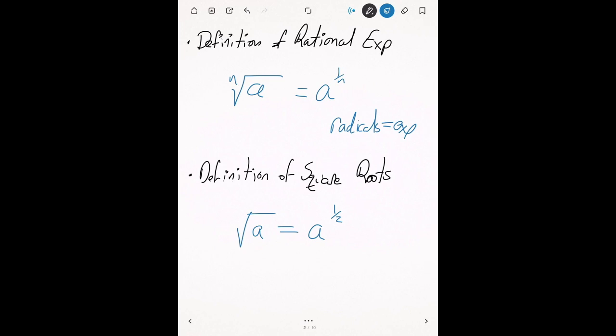So if you had to take the fourth root of, I don't know, 50, let's say, you would put in your calculator 50 to the 1/4 power. And that's how you're going to tell your calculator to actually compute a fourth root. You just put it as an exponent.